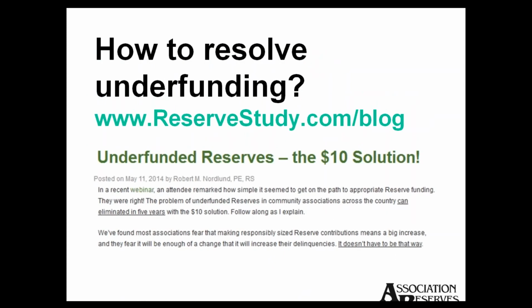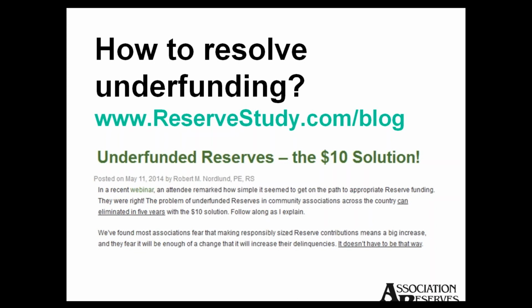We have a great article in our blog area. We call it the $10 solution. Basically, it's gaining an understanding that it probably took a decade or maybe 2, sometimes even 3 decades to get to where you are now in that underfunded situation. So don't expect to have an overnight culture change. It may take a while, and we call that the $10 solution.